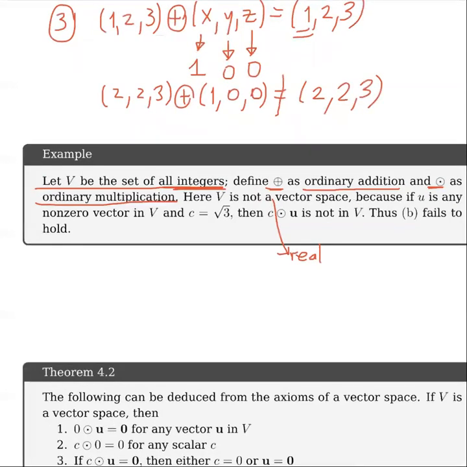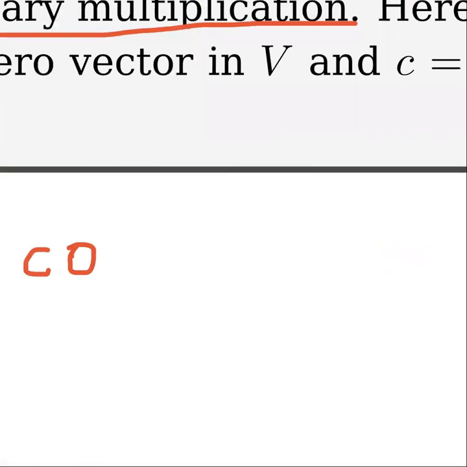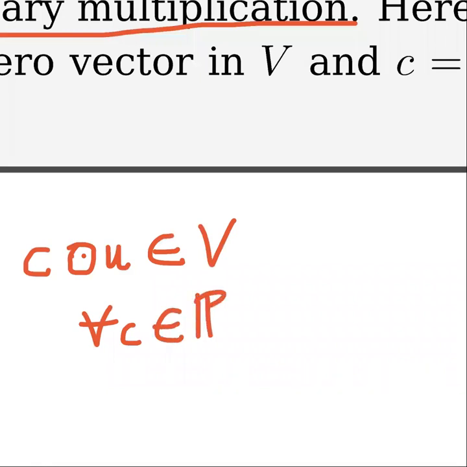If I multiply, I want this operation to be well defined. So this should be in V for all c in scalars and for all u in V. Okay, what is V now?